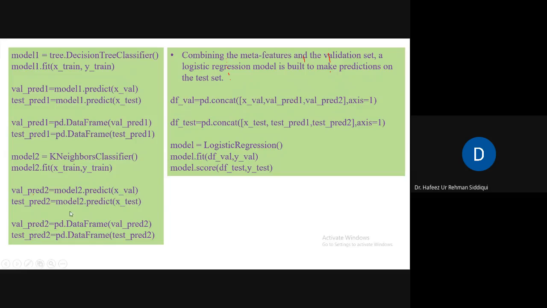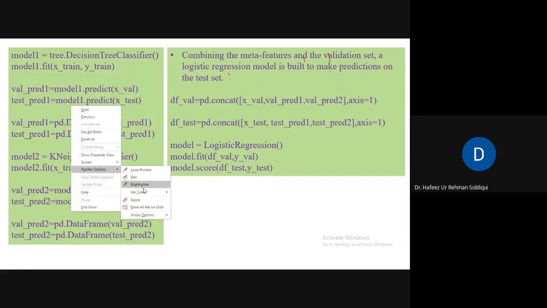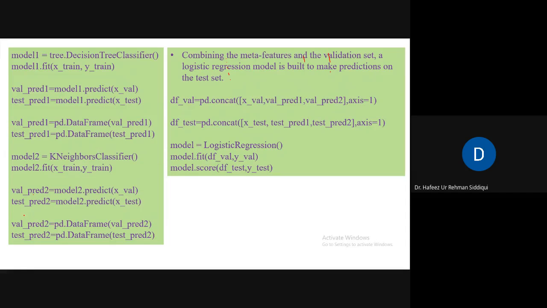So you have those values and those values. Put them together here. Make a concatenation for validation values and test values. So again, you have a data frame with validation values and test values.